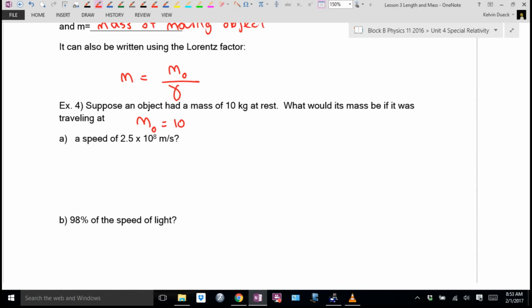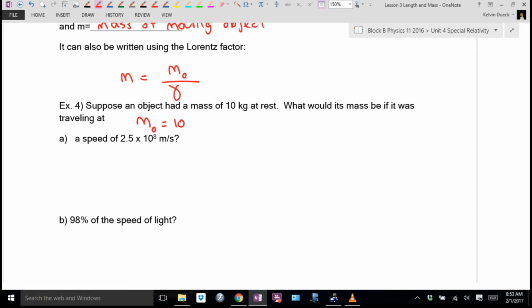What would its mass be if it was traveling at 2.5 times 10 to the 8th? 3 times 10 to the 8th is the speed of light, so 2.5 times 10 to the 8th is pretty fast. I didn't want to do a whole bunch of examples where there was little or no difference. Remember yesterday we did a bunch where our calculator couldn't even track the difference. We just kept getting a 1 as an answer.